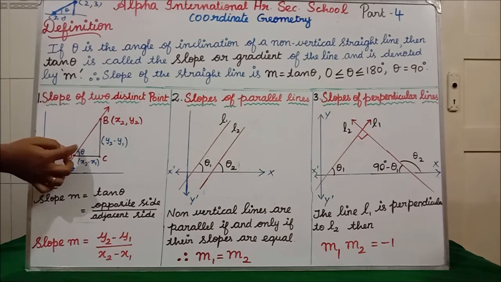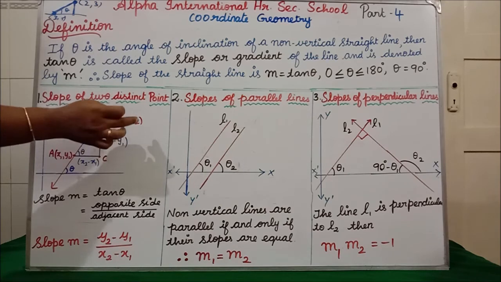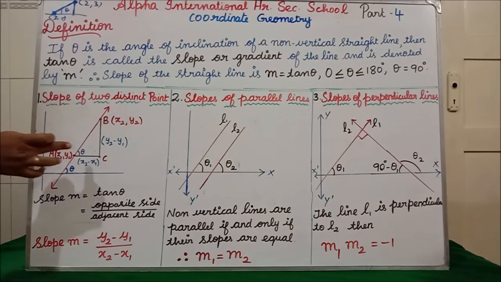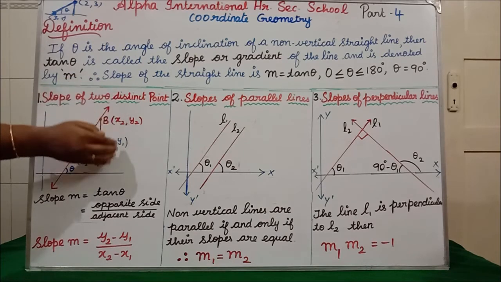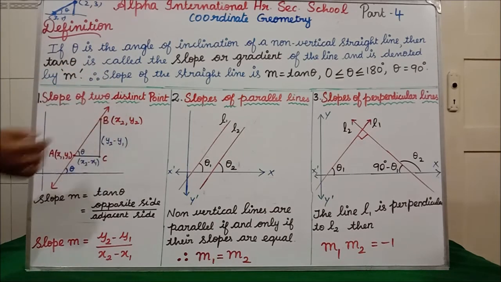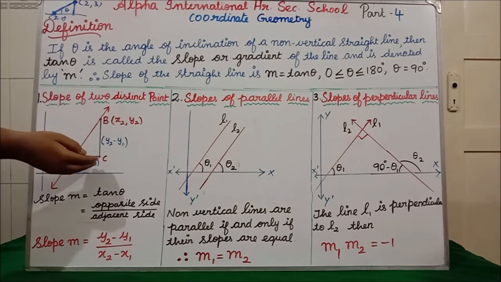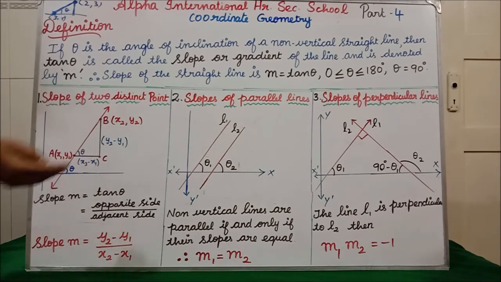This is the angle of inclination theta. The side facing theta is the opposite side. The base is the adjacent side, and this side is the hypotenuse.